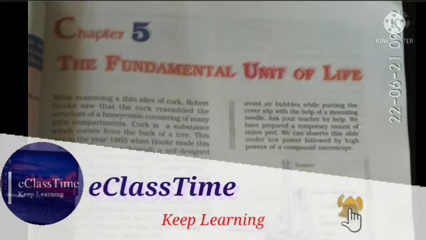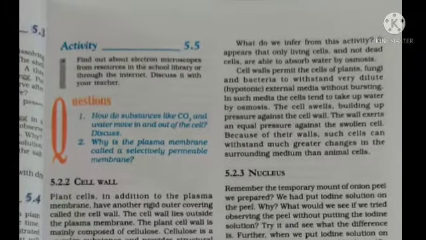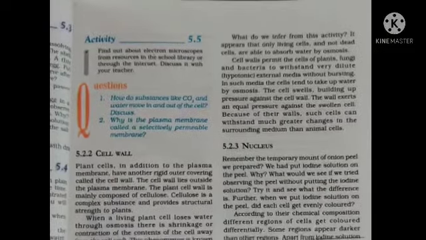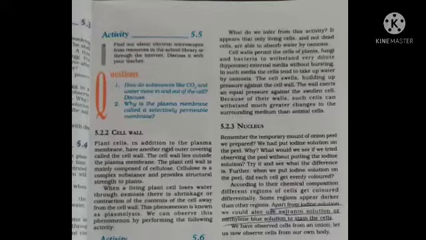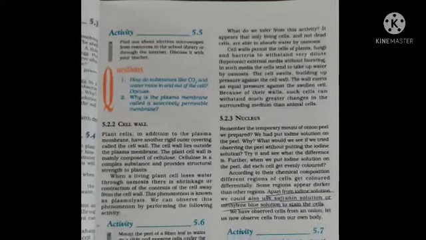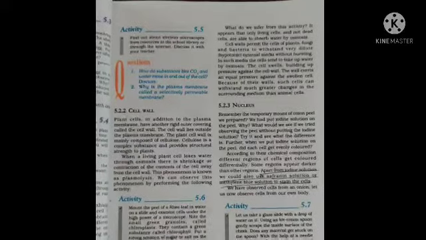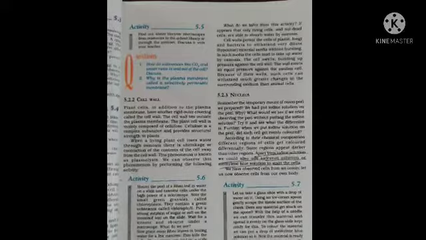Before going to that, we have to know that the outermost covering of the cell, which we already discussed in the last class, is called the plasma membrane. Plant cells have an outer covering in addition to the plasma membrane, a rigid outer covering known as the cell wall.